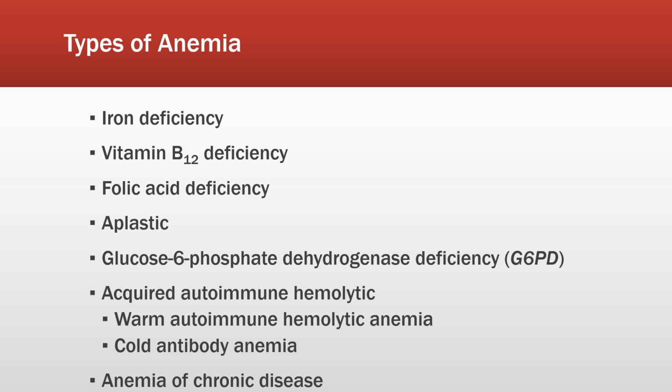Now, aplastic anemia is considered a bone marrow disease, and this is where the bone marrow fails to produce enough blood cells. It could be related to destruction of the stem cells in the bone marrow, or the person has a history of being exposed to radiation, insecticide, hepatitis B, infection, or even viruses like your Epstein-Barr virus.